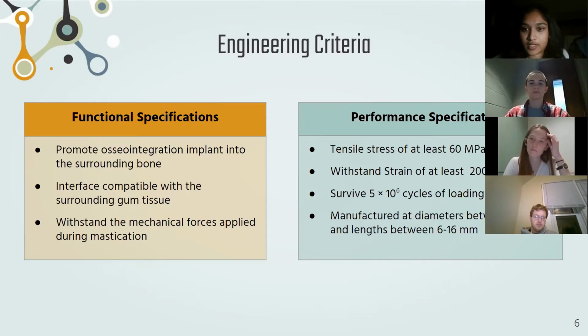And so to put these specifications into numbers, like we have here, it should be able to withstand essentially the natural forces and environment of your natural teeth. And so that means withstanding these stress and strains and surviving cyclic loading, as well as being able to be manufactured to the following lengths and diameters so that it can fit any of the teeth in the mouth.